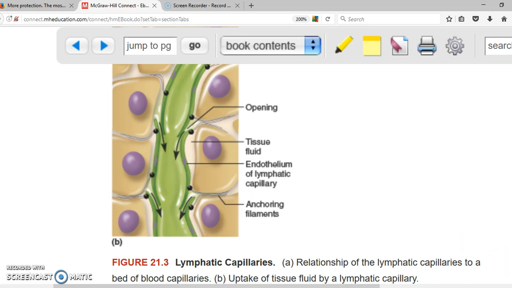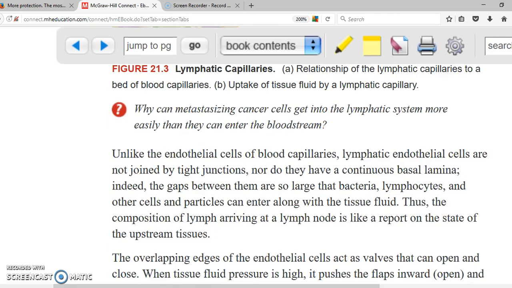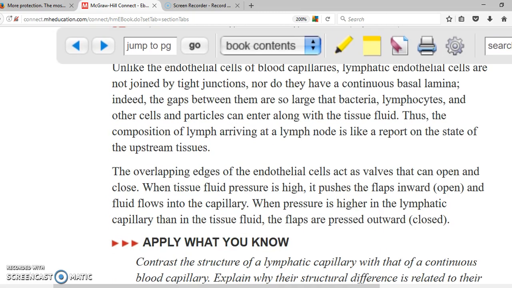Okay, let's keep going, and right here we see that you have valves in the lymphatic vessels. Okay, very important. The flow of the lymphatic vessel basically follows the same way the veins return the blood to your heart, right?